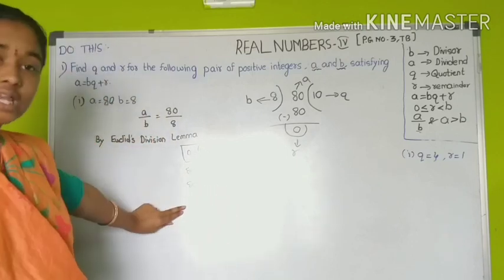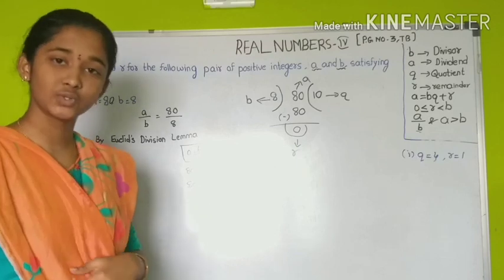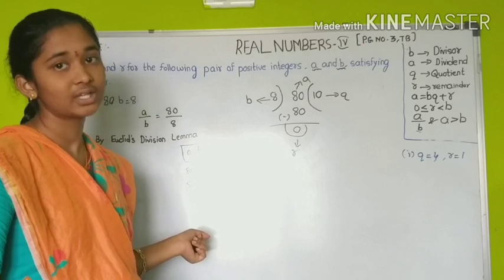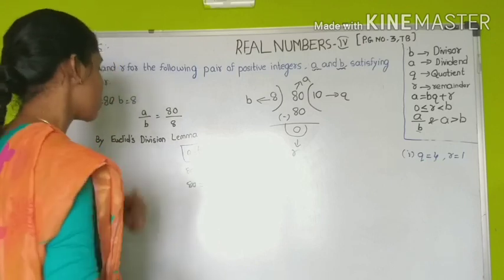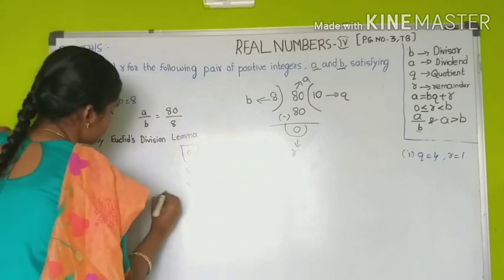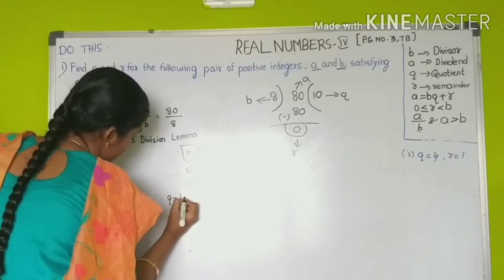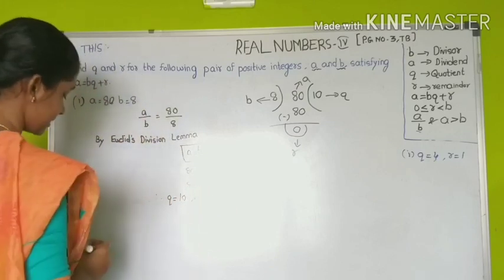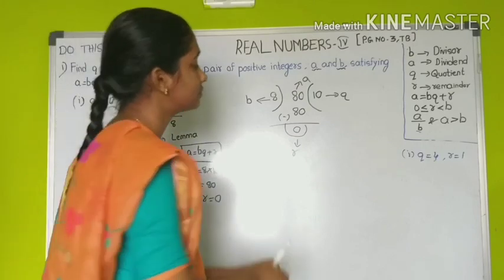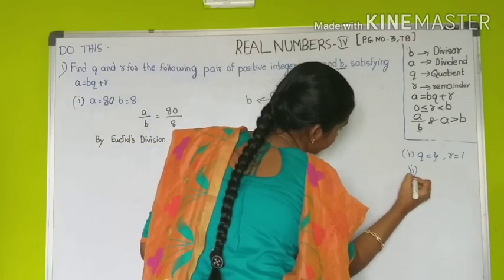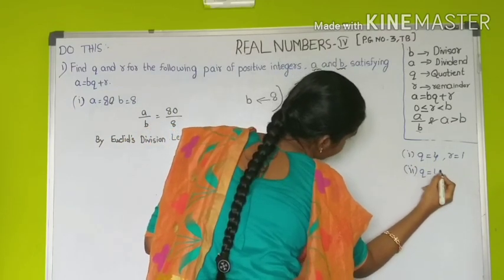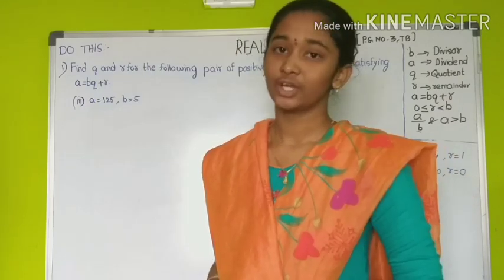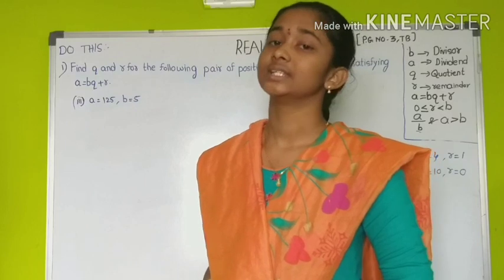So this satisfies this condition. 80 is equal to 80, which shows that the values of Q and R here satisfy the equation A is equal to B into Q plus R. So we can write the value of Q is equal to 10 and the value of R is equal to 0. And we write the same values here. In the second question, the value of Q is equal to 10 and the value of R is equal to 0.